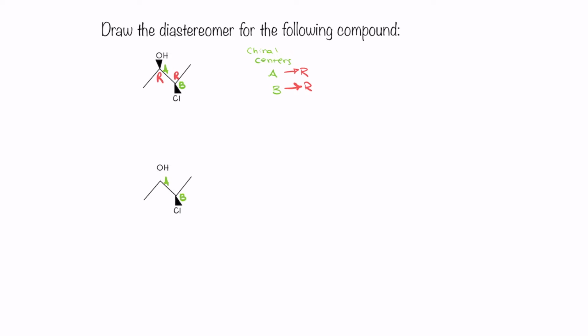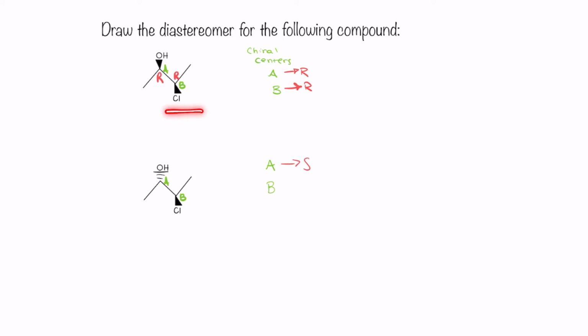An easy way to do this is to redraw the compound here and flip one of its chiral centers. I'm going to switch that alcohol group from a wedge over to a dash position. If I do that, what happens to chiral center A? Because we switched chiral center A from a wedge to a dash, its chirality will flip from R over to S. Chiral center B stayed the same.